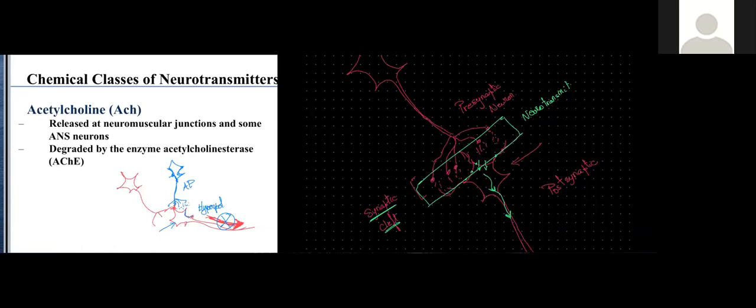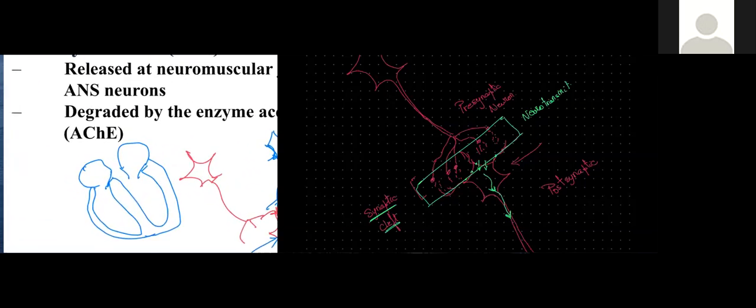So like in the heart, for example. Can you remind me what part of the nervous system is going to be responsible to regulate the heart rate, the force of contraction of the heart? Autonomic, exactly.